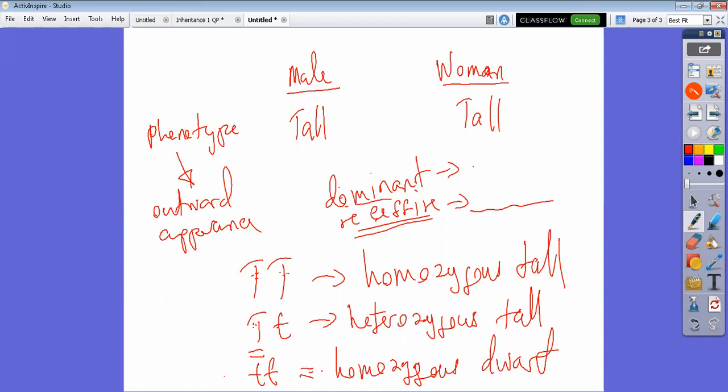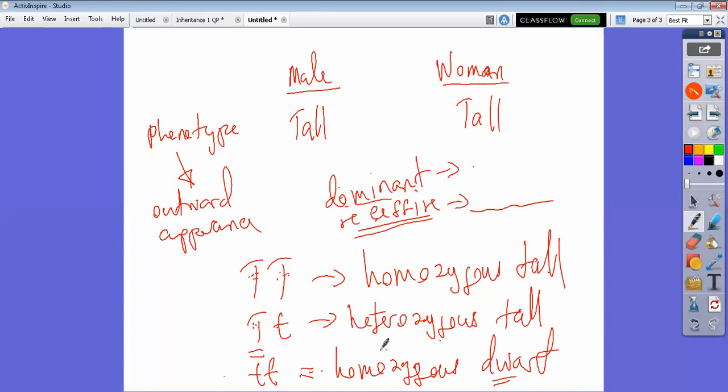Okay, let me go back here. If someone has a capital T and a capital T, it means this person is tall, but does not even have a trait of dwarf at all in his genetic makeup. Then if I go back, this person is tall because of this dominant T, but has some traits of the dwarf in that genetic makeup.